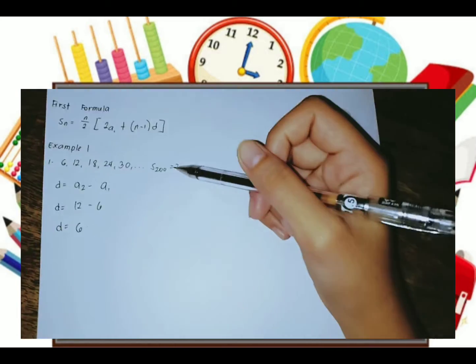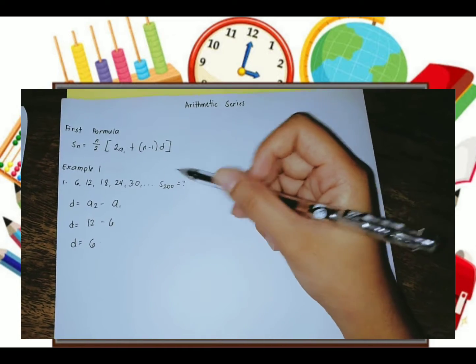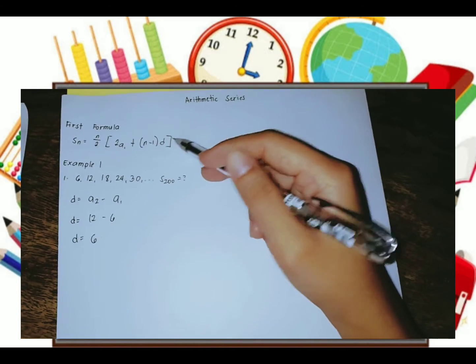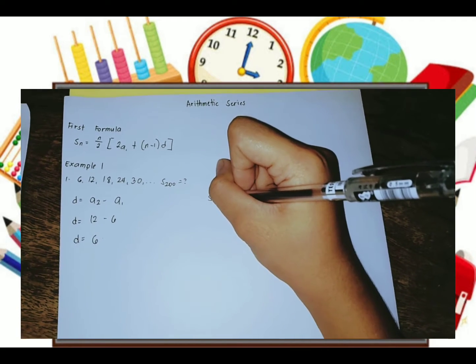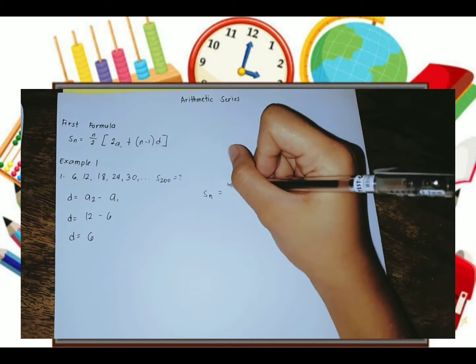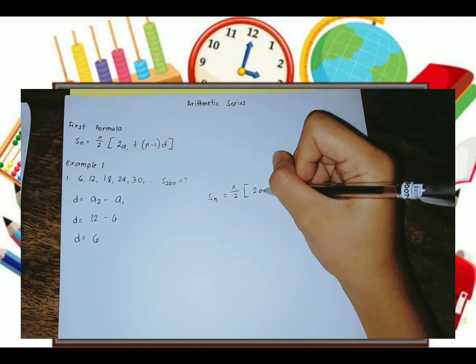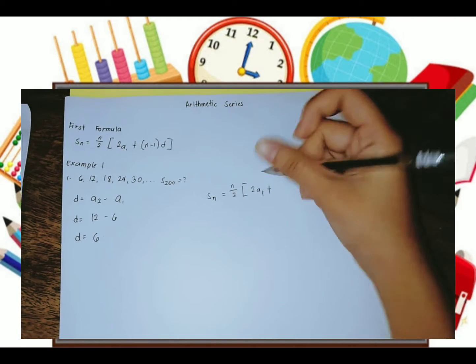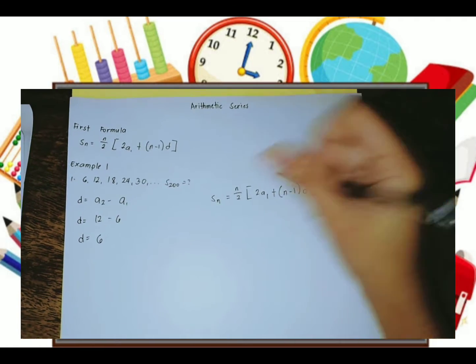Now we will find the sum of example number 1 using our first formula. We rewrite the first formula: S sub n is equal to n divided by 2 times the quantity 2a sub 1 plus n minus 1 times d.